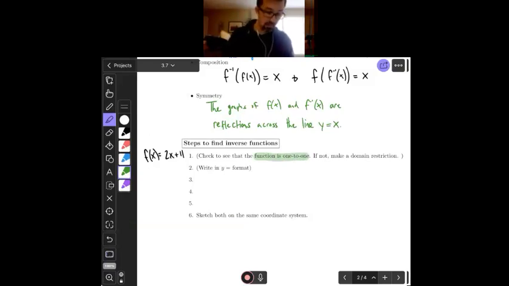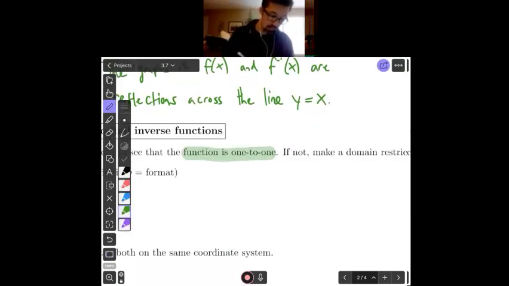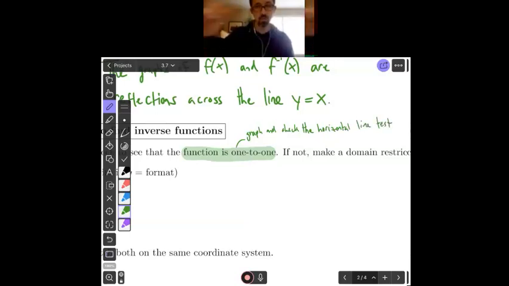So you're going to graph it, and you're going to check to see if it passes the horizontal line test. Okay. If it hits the horizontal line more than once, the problem is not doable in the way that I gave it to you.